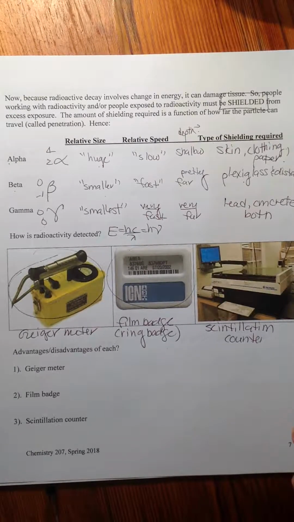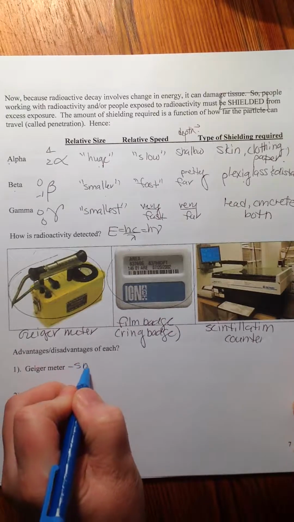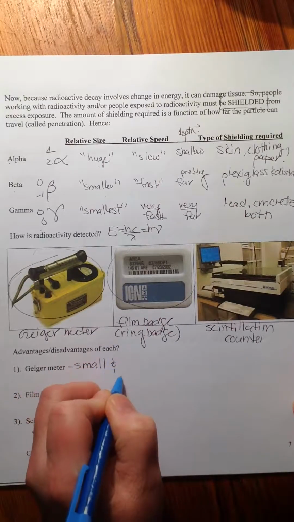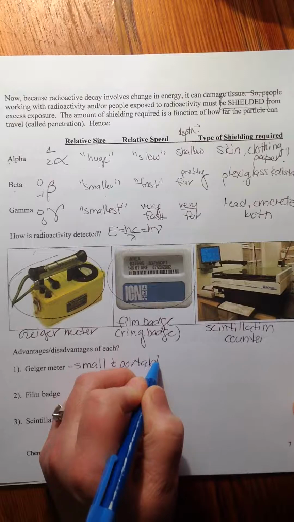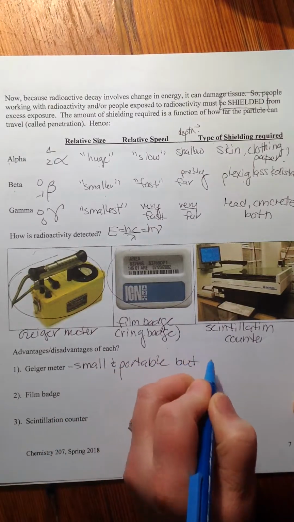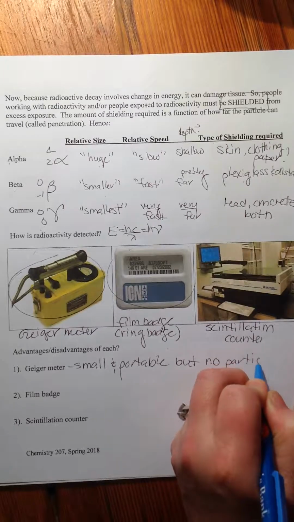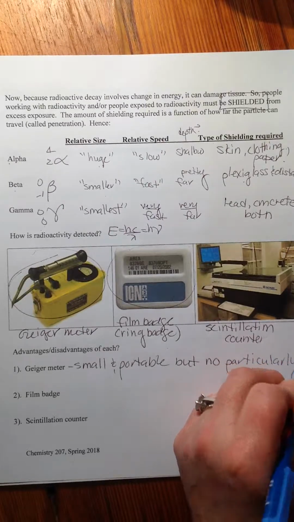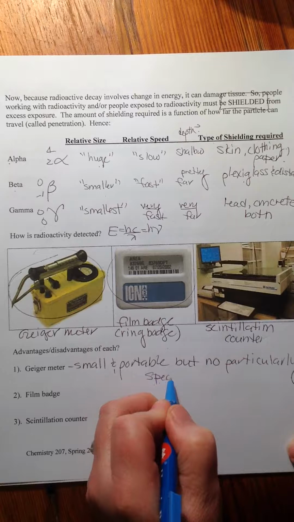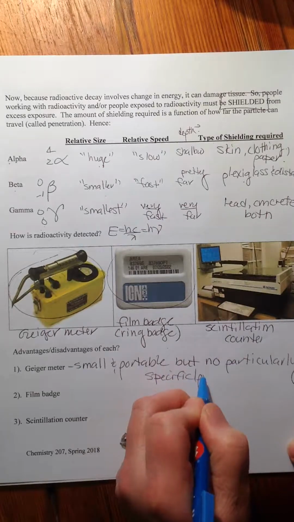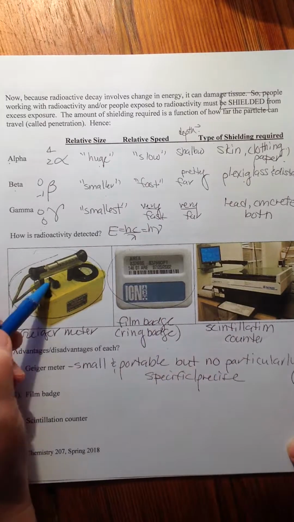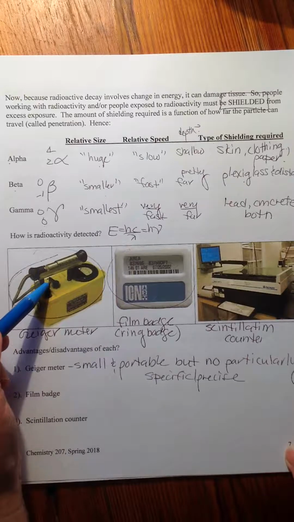Okay? Geiger meter has the advantage of being small and portable, but not particularly specific or precise. You can pick up some kinds of radioactivity with a Geiger meter, but not other ones.